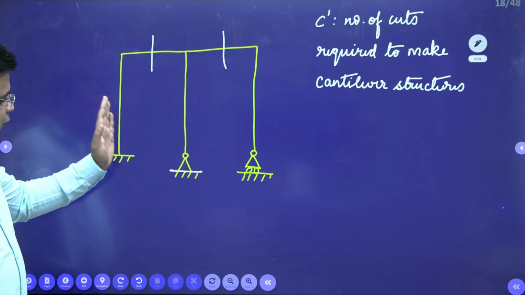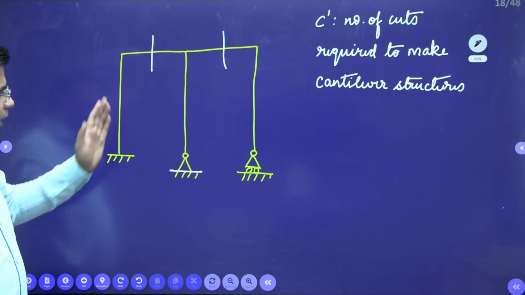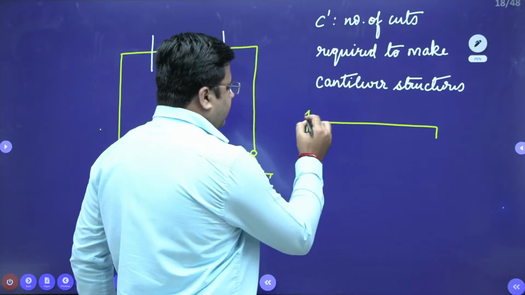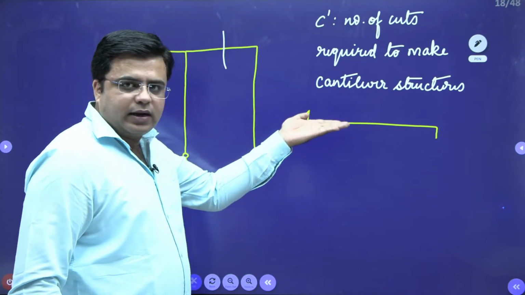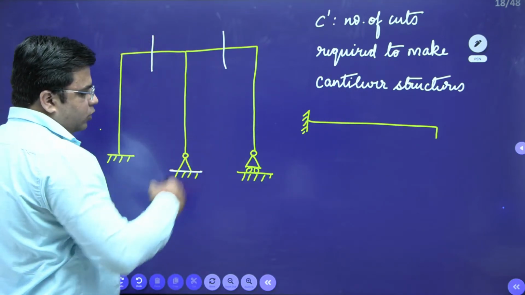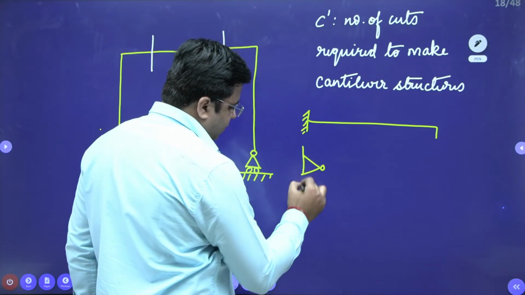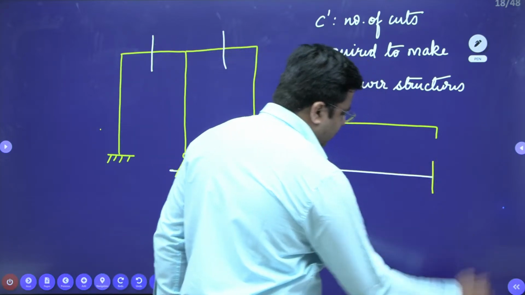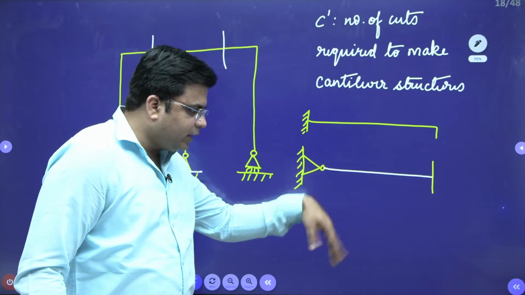When you look at this first structure, this is a cantilever having a fixed support. So this is a kind of stable structure, because this fixed support is going to hold the structure. When you look at this middle portion, due to this hinge, this structure is unstable.